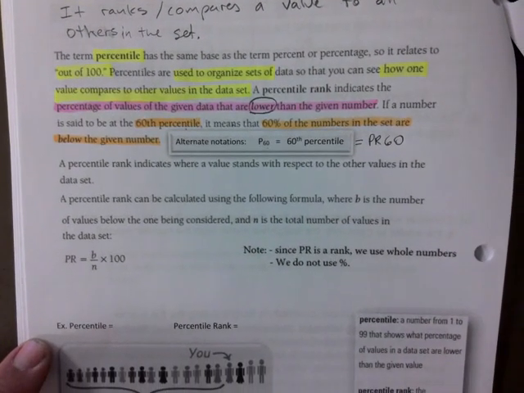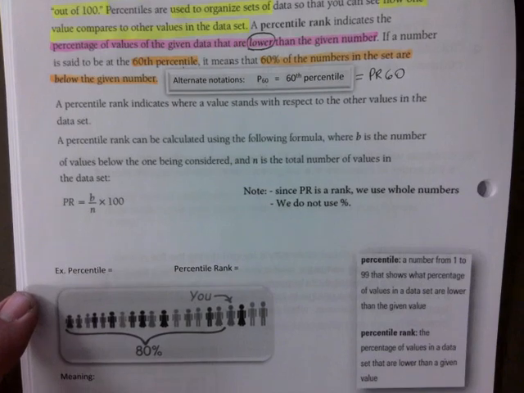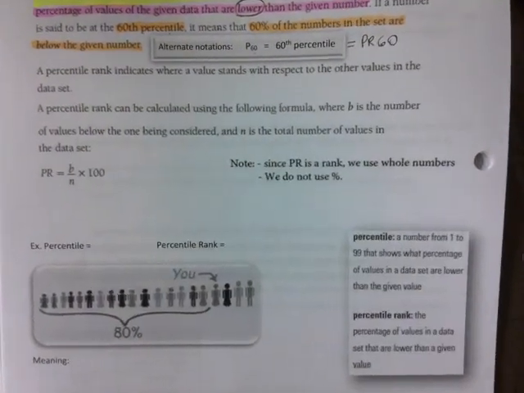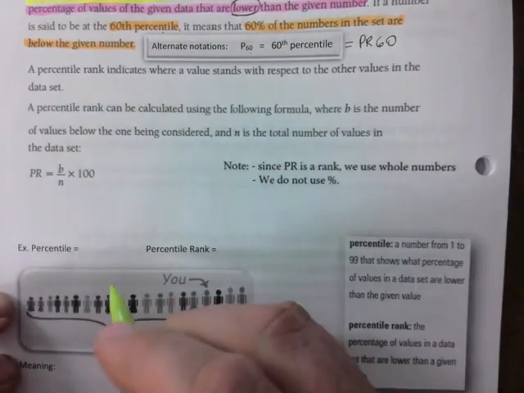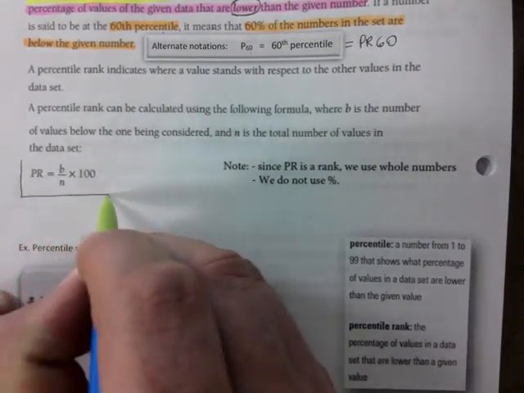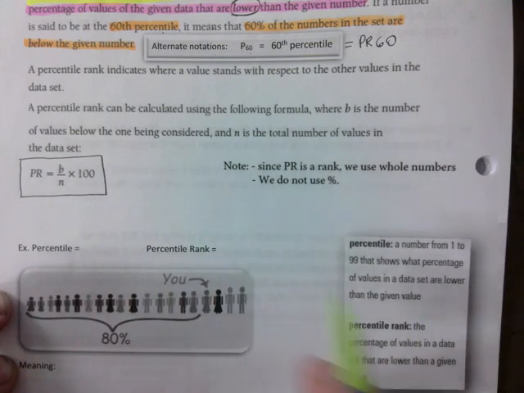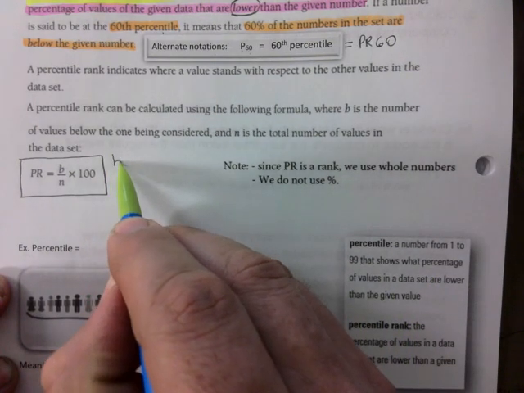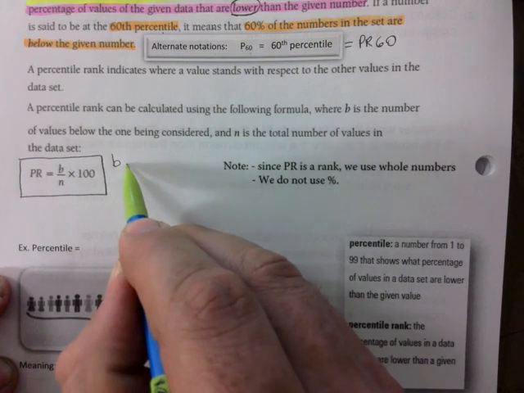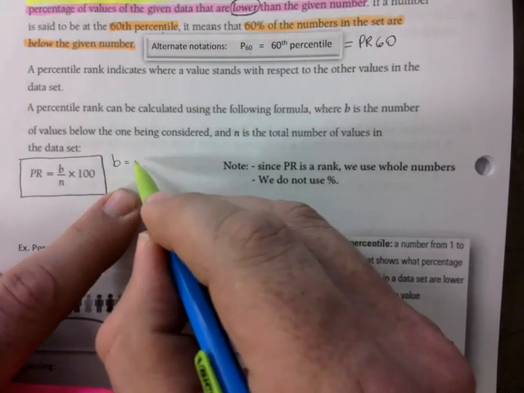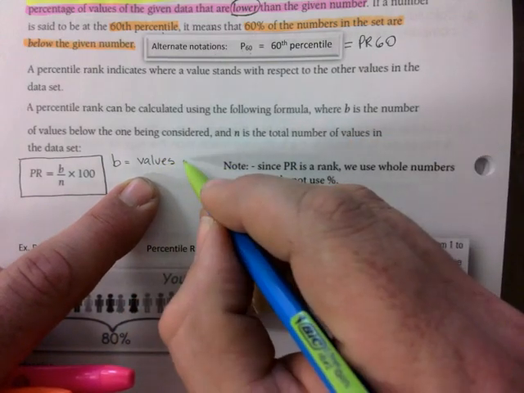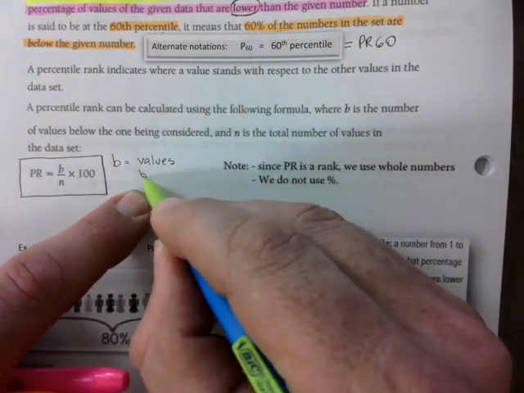Let me see here. This is the formula you need to have on your study sheet. Okay, here it is. This one. Where B represents the values below.